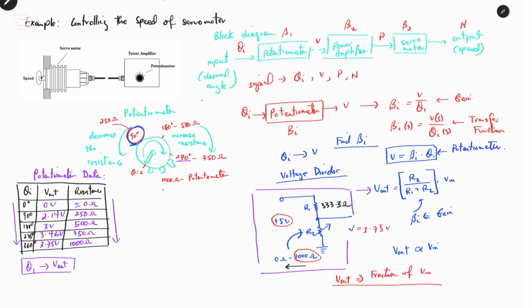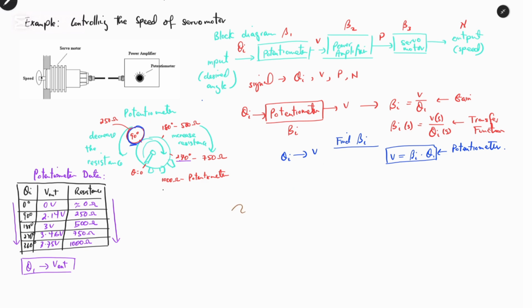Now let us look at the power amplifier. We now have the V out, which is the data from the potentiometer into the power amplifier. And this power amplifier has the ability to control the servo motor.